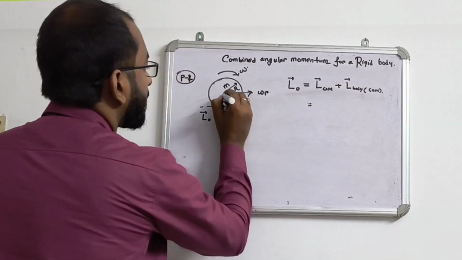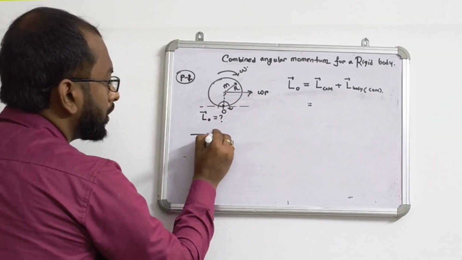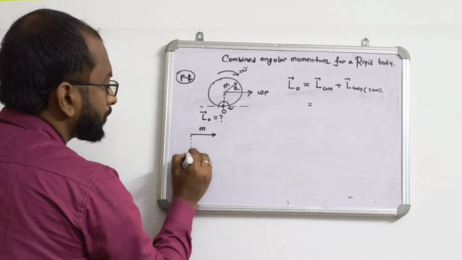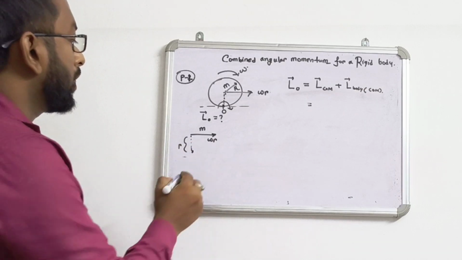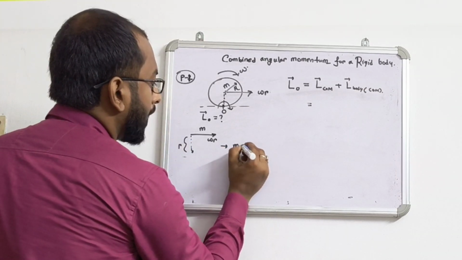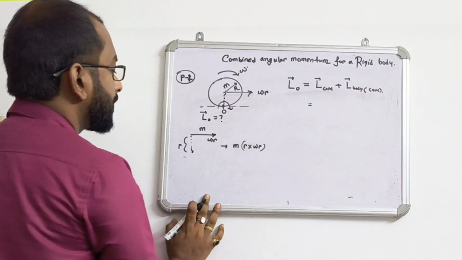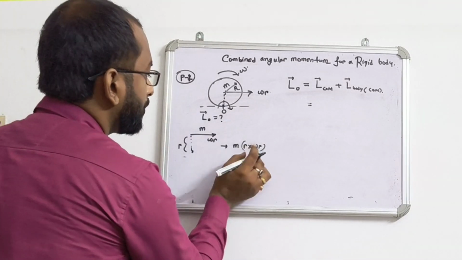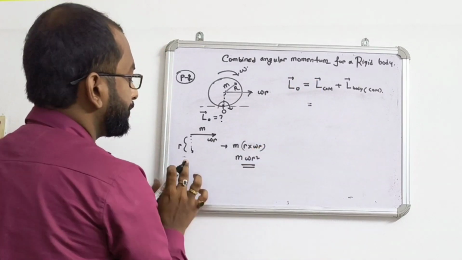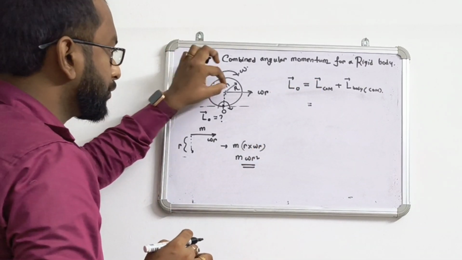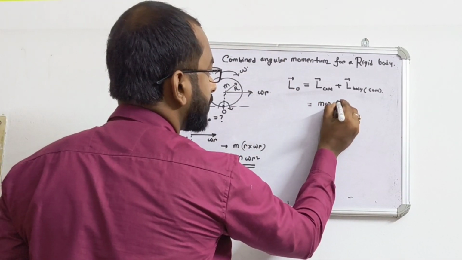So with respect to this point O, one particle of mass m is moving with velocity omega r at distance r. What is the angular momentum? m into r cross v, r cross omega r. r and omega r are perpendicular, so the cross product is just r into omega r. So we write m omega r square. This is the L of the center of mass, because we are assuming the entire mass is there moving with velocity v, or omega r. So the first part is m omega r square.